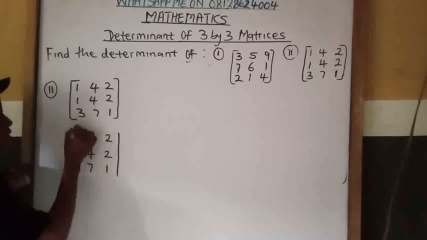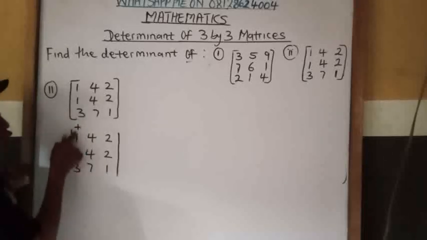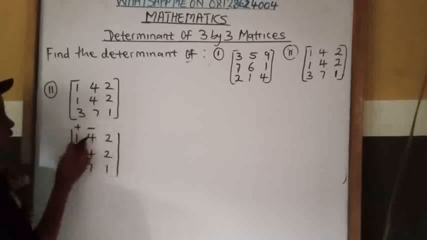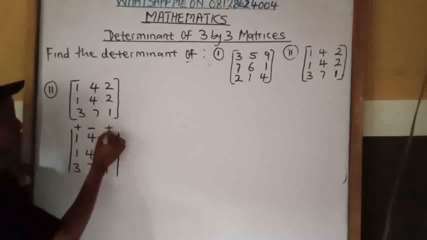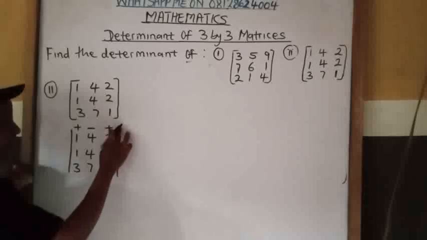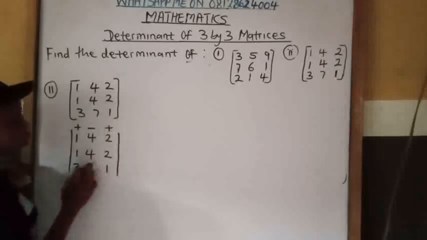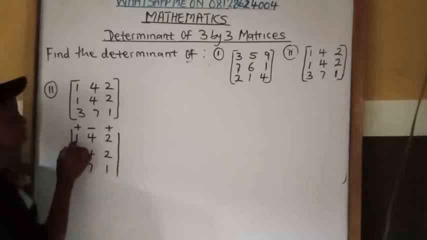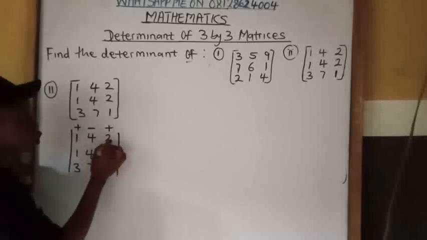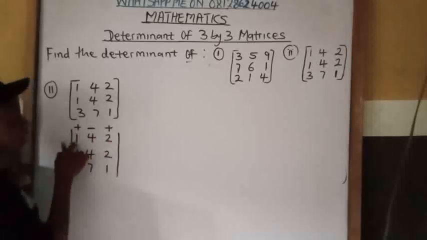You assign positive to the first column, then to the second column negative, to the third column positive. So you alternate your signs. After that, you pick each element on the first row, one after the other.